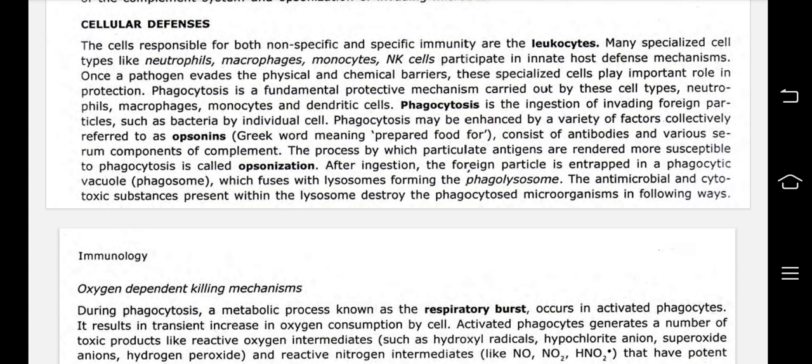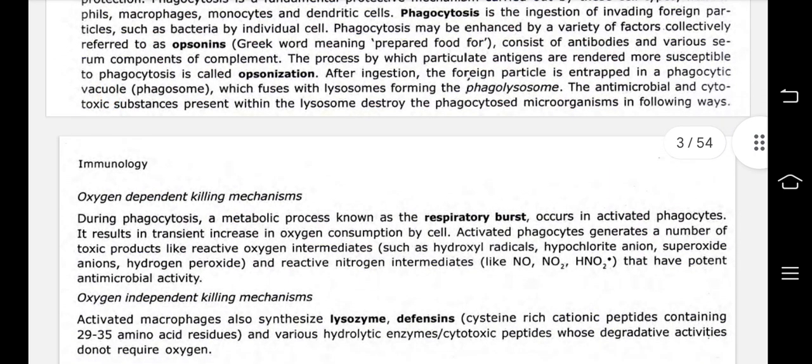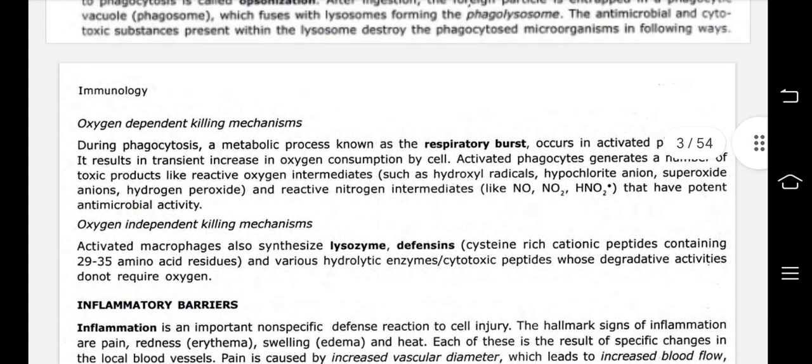After ingestion, the foreign particle is entrapped in a phagocytic vacuole, phagosome, which fuses with the lysosome, forming the phagolysosome. The antimicrobial and cytotoxic substances present within the lysosome destroy the phagocytosed microorganism in following ways.